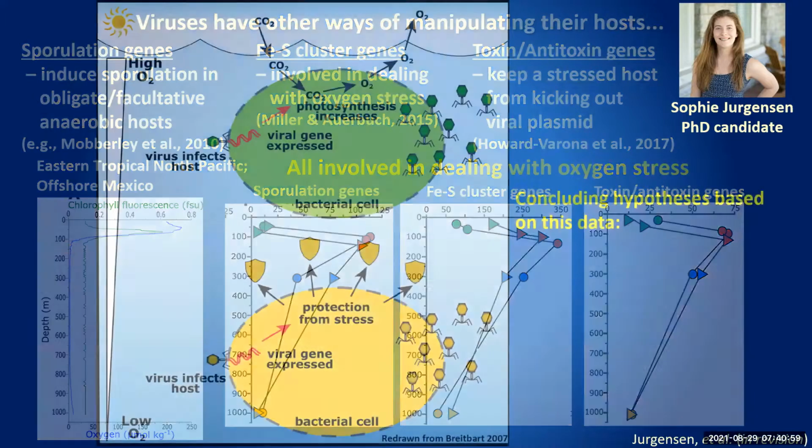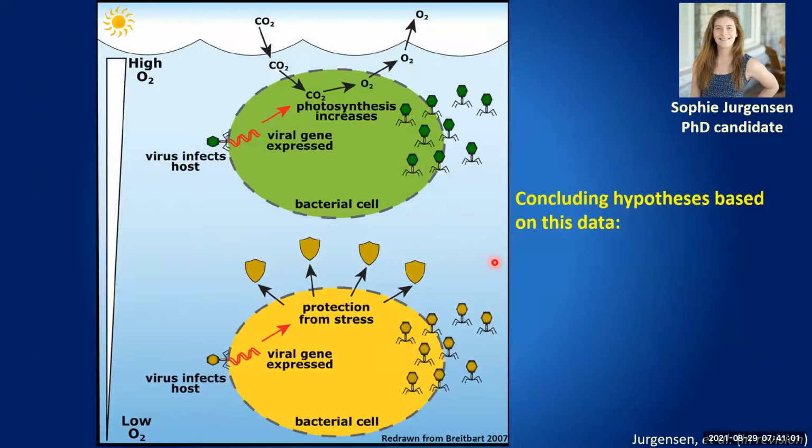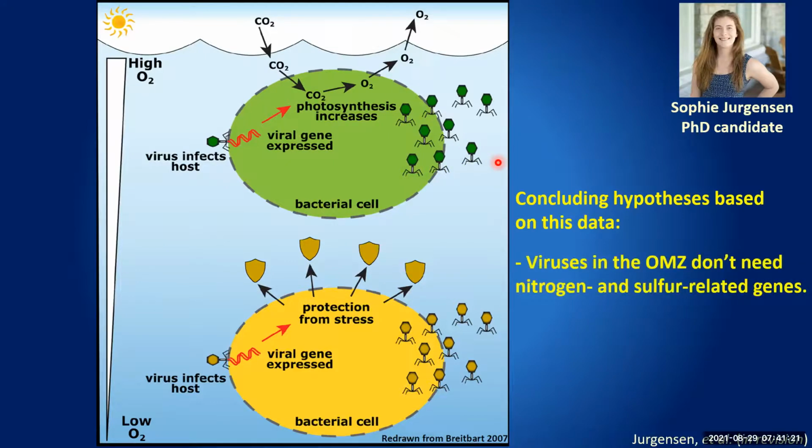So our conclusions based on this data is that yes, in the upper ocean, we are seeing photosynthetic genes within viruses. When there is sunlight, when there's oxygen, the viruses will have these photosynthesis genes to increase production of viruses from their hosts. However, the viruses in these OMZs apparently don't need high concentrations of genes directly related to nitrogen and sulfur cycling.